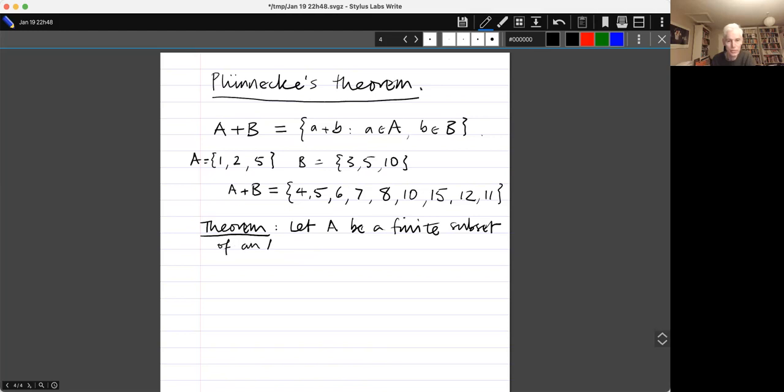It may be that Plünnecke only stated it for integers, but the proof that I'm going to give works equally well in this more general setup. And suppose that either A plus A or A minus A, so I'll just write that as A plus or minus A, it's your choice, has size at most C times the size of A.